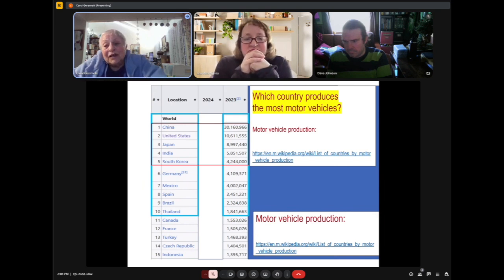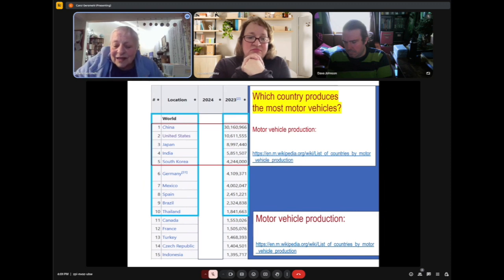Now, it probably is important to know that China's population is 3 times larger than the United States. And India's population is more than 3 times larger than the United States. So it's kind of logical that countries with big populations would produce a lot of cars. But I think I need to figure out how to make this as clear as possible for fourth graders.